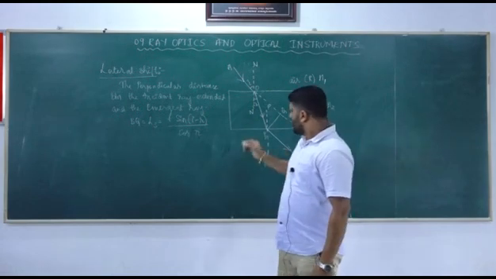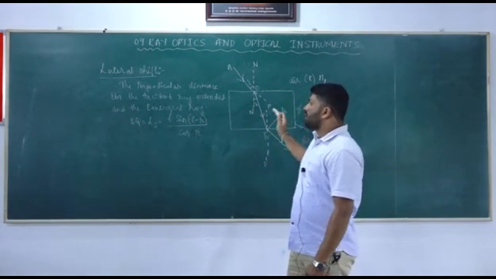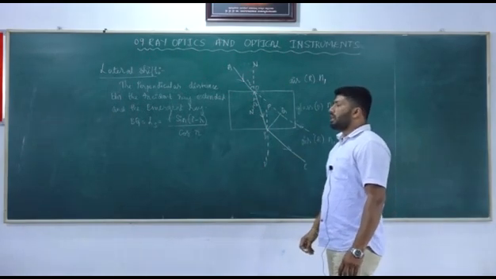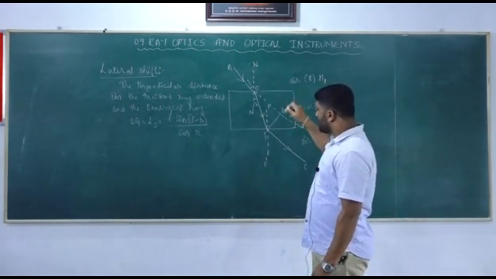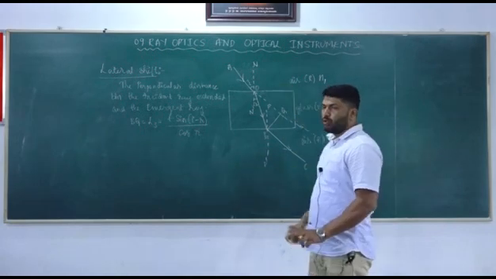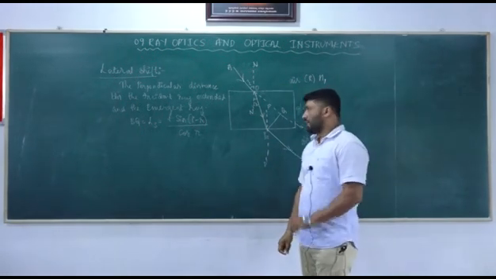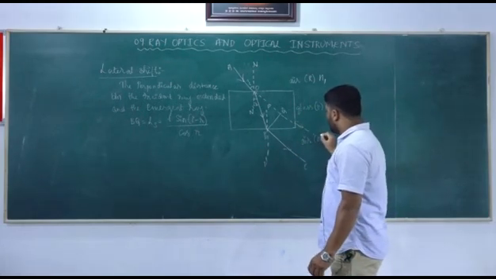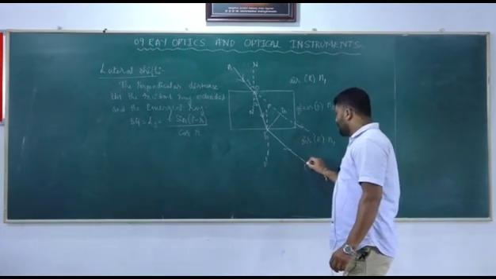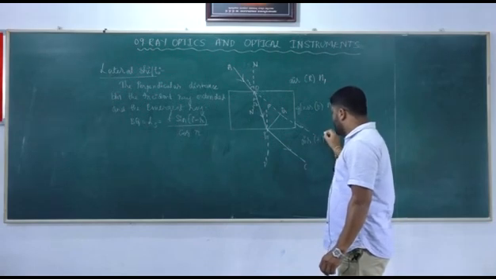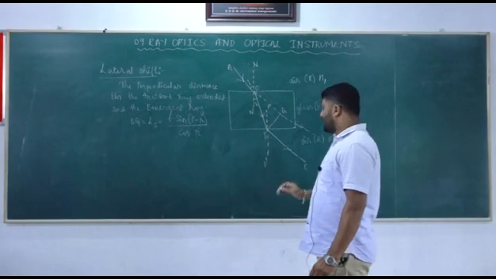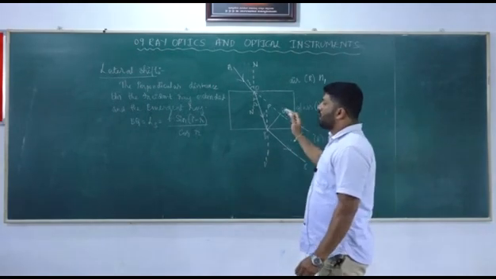Here lateral means side, and shift is due to refraction. Particularly in the glass slab, refraction takes place two times, so the image is shifted sideways. The object is exactly here, but the image appears here on the other side of the glass slab.